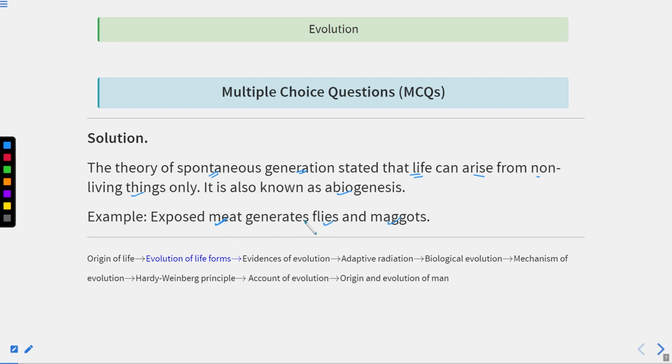But what did the scientists think? They thought that life, the flies and the maggots, which are living, generate from non-living things. So the non-living thing here is meat. So it was concluded that the living things, flies and maggots, arise from a non-living thing, which is meat here.